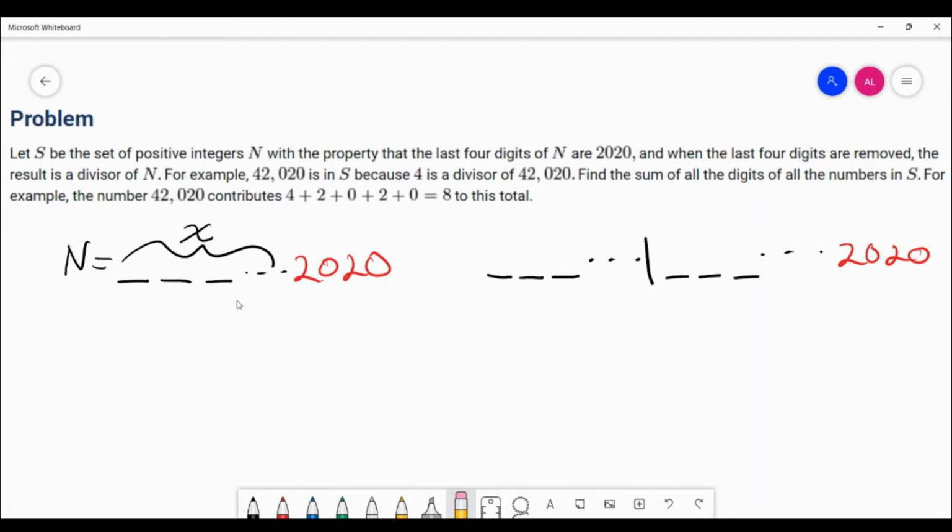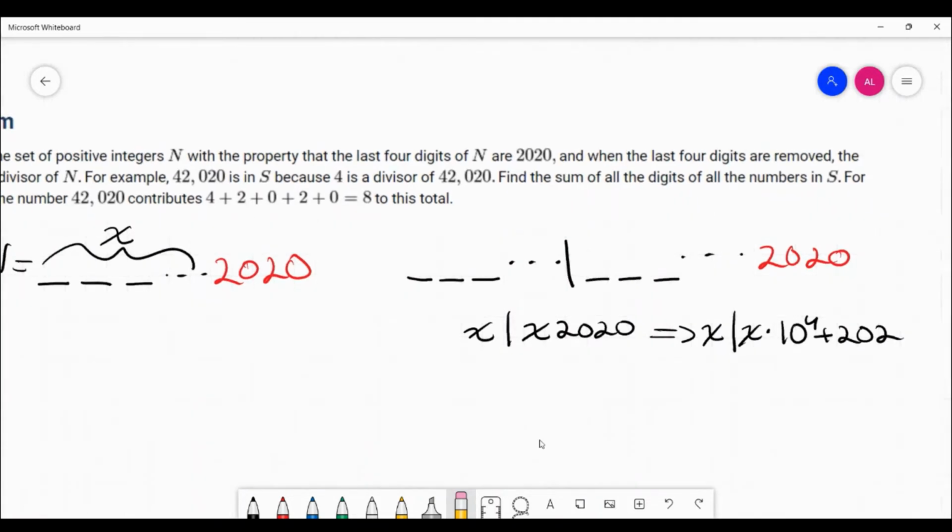So first, let's just rewrite this beginning as some sort of number x. So we have from this property right here that x divides x2020. In more rigorous terms, this can be written as x divides x times 10 to the fourth plus 2020. But x obviously divides x times 10 to the fourth, so our only restriction is that x has to divide 2020.